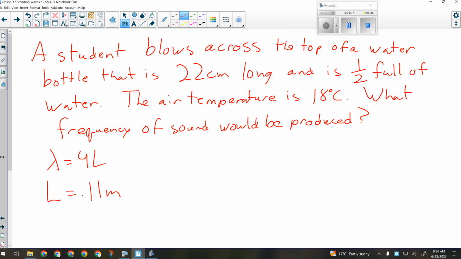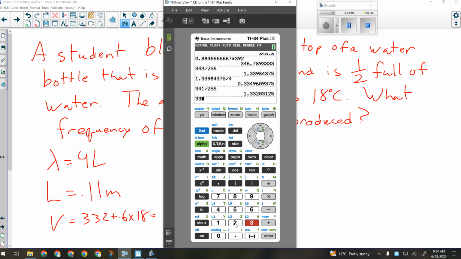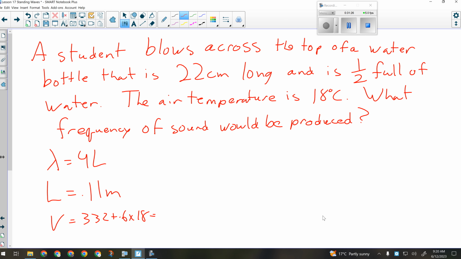What do I do with the 18 degrees Celsius? Use it to find the speed. So 342.8 meters per second. What can I find right now that will help me find the frequency? Lambda.